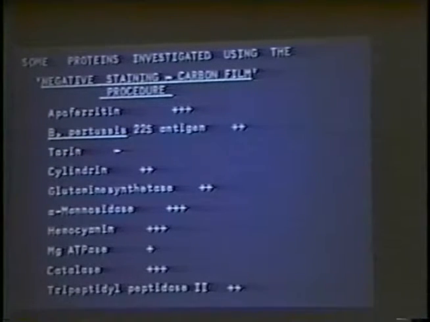At this stage, in my earlier studies, I was not using the inclusion of polyethylene glycol. More recently, all my work has been done using this additive and has produced considerable success with alpha-mannosidase, catalase, and tripeptidyl peptidase 2. And I will be giving you some examples of these proteins.